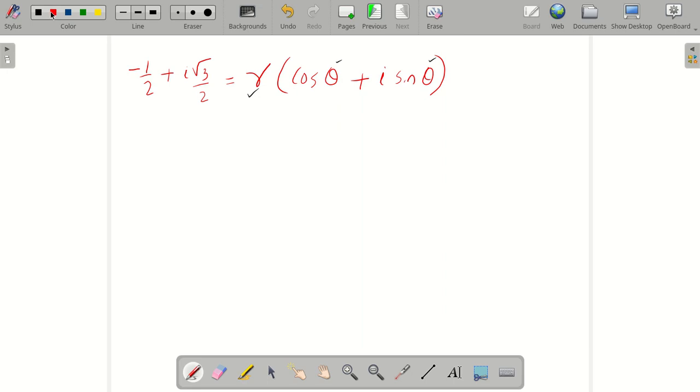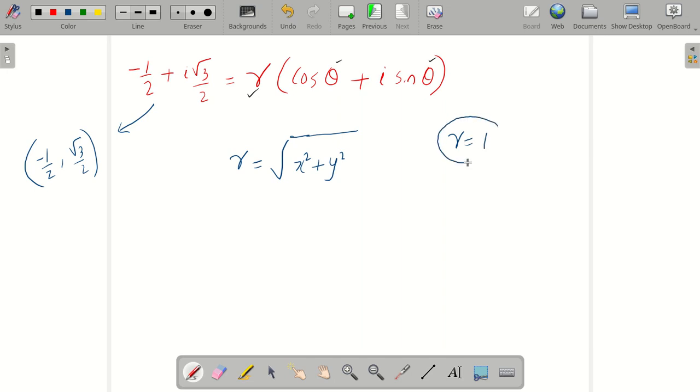Okay, so tell me, what is the r value? r is equal to root under x square plus y square. By the way, what is x and y over here? Yeah, minus 1 by 2 and root 3 by 2. So did you get the value? I'm not going to simplify, so I'm waiting for your answer. Okay, I hope you got the value 1.